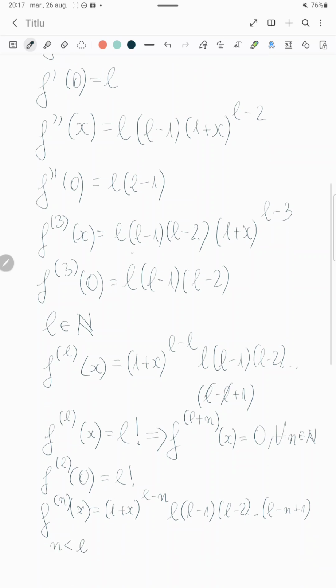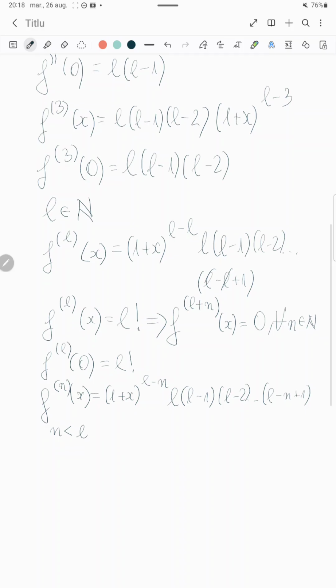Here, at the third derivative, we had something like this. We had L multiplied by L minus 1 multiplied by L minus 2, or in other words, the product of the previous exponents. And here we had L minus 3, which is the previous exponent decreased by 1. So hence why we have something like that.